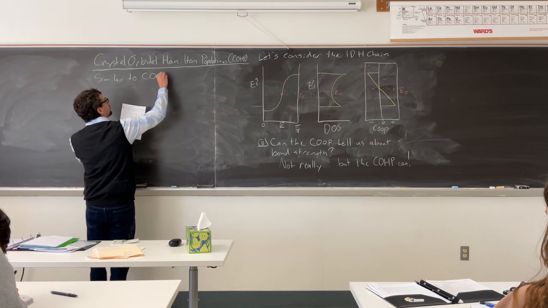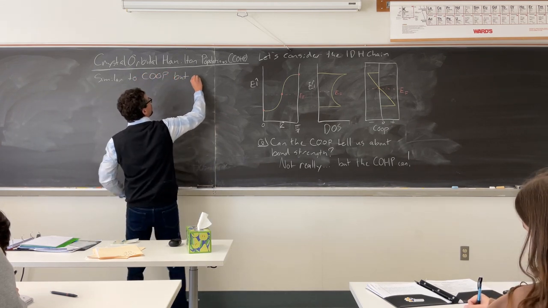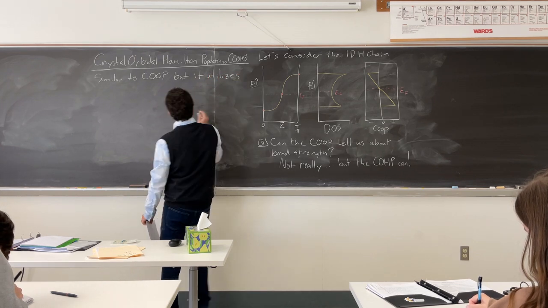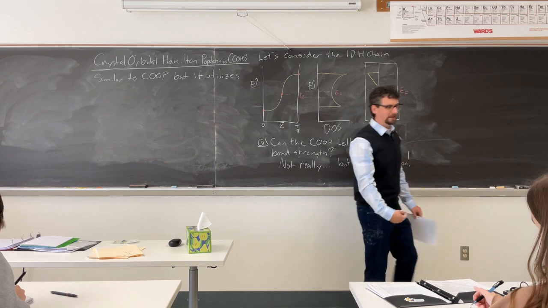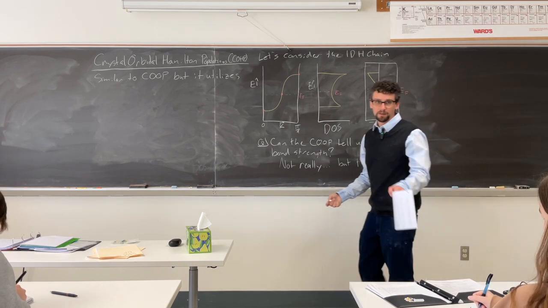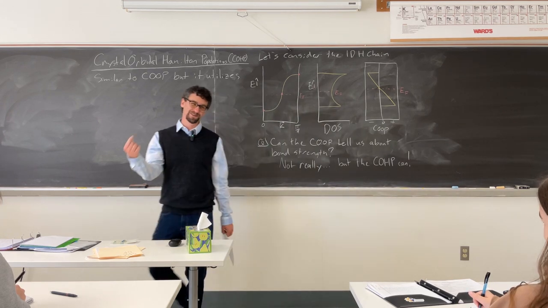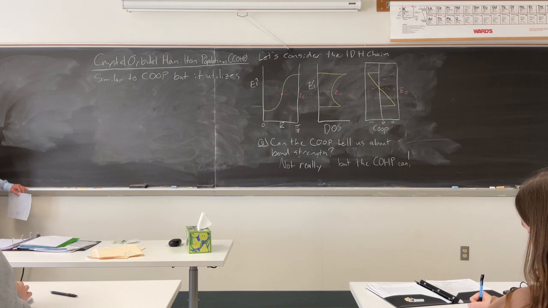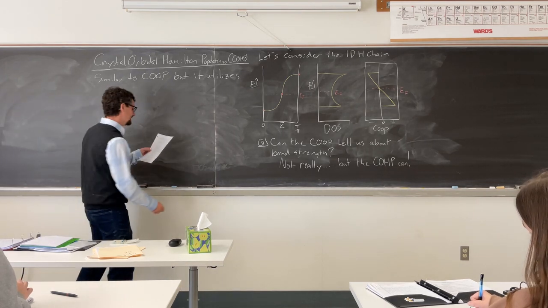COHP, but it utilizes, when you see Hamilton relating to Hamiltonian, what type of things do you think it's going to talk about? Matrices? Yeah, well, because we're dealing with quantum, you're going to have matrices. We are going to use the secular equation, yes. And what does that all relate to? Energies, yep.